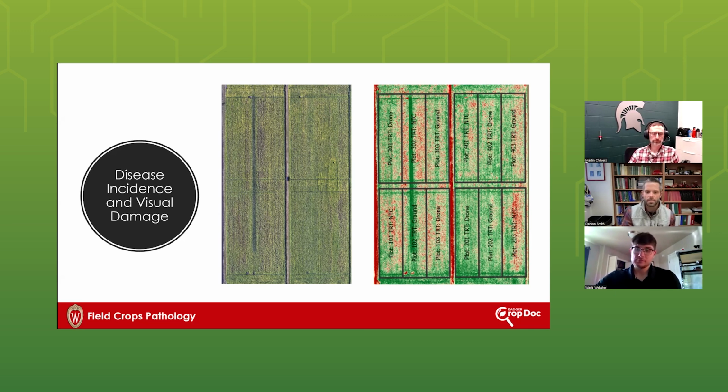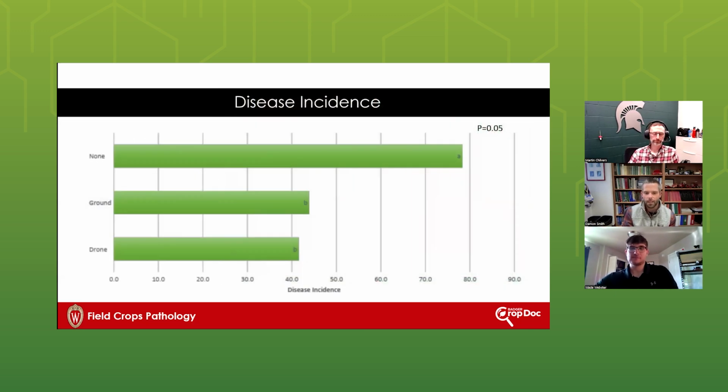Next slide. Here are the actual disease incidence numbers. Drone and ground are in those lower bars, and you can definitely see some reduction where we put fungicide relative to the non-treated. But what was surprising, I guess, is that we were able to match the ground rig in terms of disease incidence reduction, right?